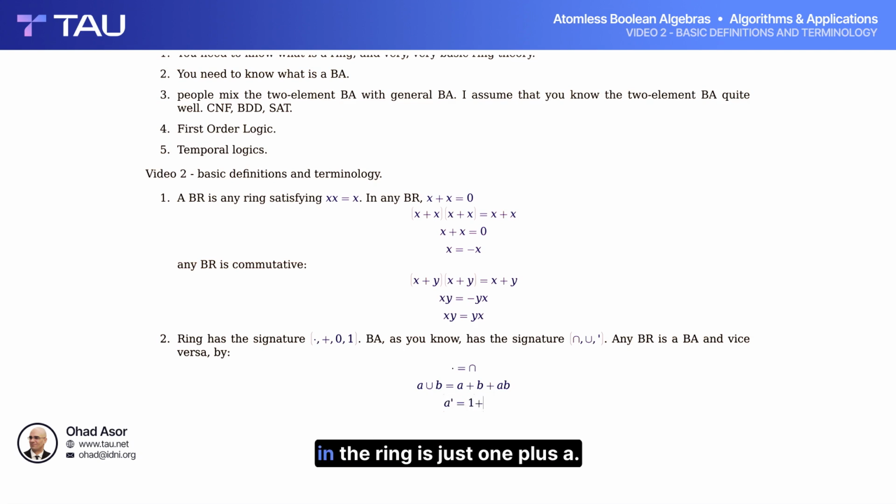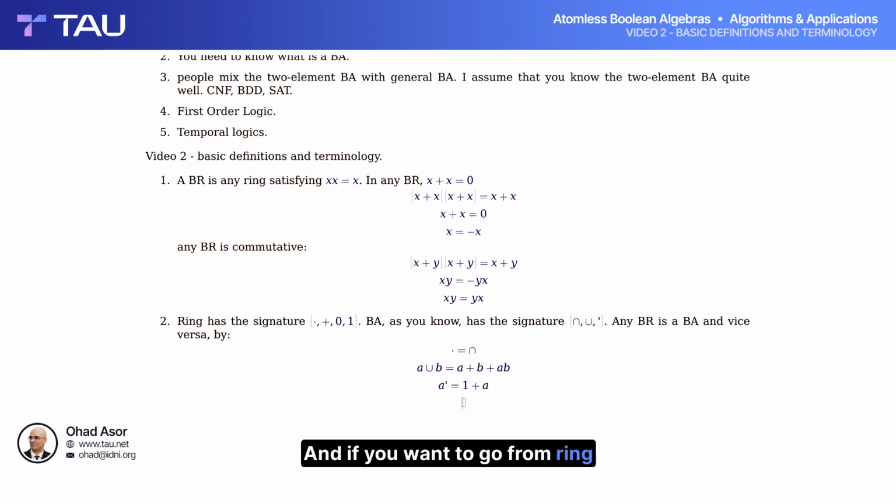Complementation in the ring is just 1 plus A. And if we want to go from ring to Boolean algebra, A plus B, then plus is symmetric difference, or XOR. So A plus B can be written as AB prime union A prime B.